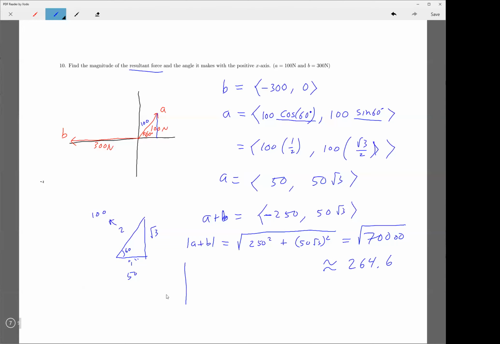And then the next one is we want the angle with the positive x-axis. Here we're going negative 250 and 50√3, so you're over here, right? What we want is this angle here.